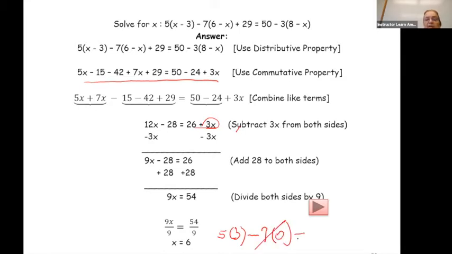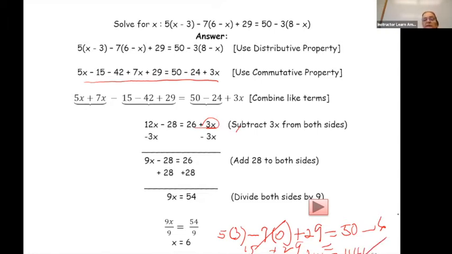Plus 29 is equal to 50 minus 3 times 8 minus 6. 8 minus 6 is 2, so that's minus 3 times 2, that's 50 minus 6. So here we have 15 plus 29, which is 44. And here we have 50 minus 6, which is 44. So we wind up with 44 equals 44, and the problem is checked.